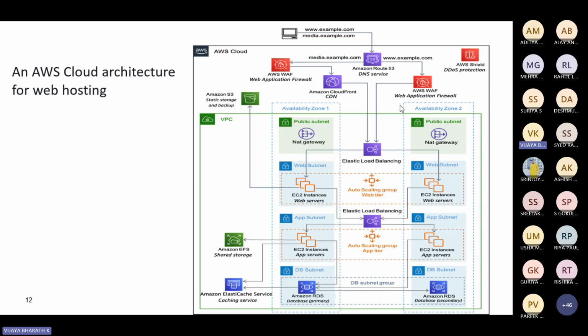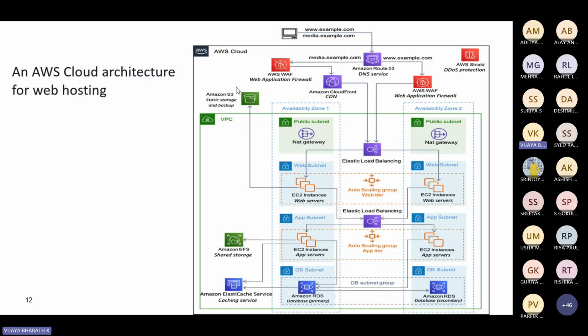So you have AWS WAF, that is the web application firewall. You can set up rules so that only requests from these entry points will come through, not the others. You can also set it up so that requests from certain regions will not be allowed to enter your application, that is, your web service.